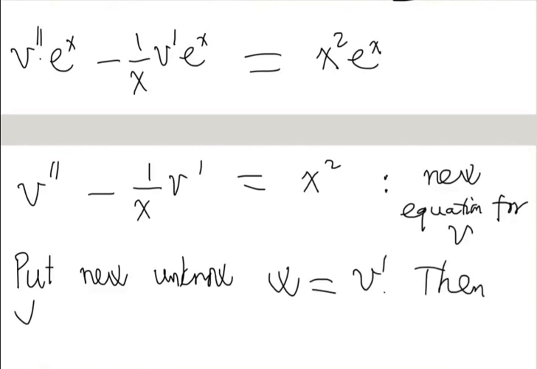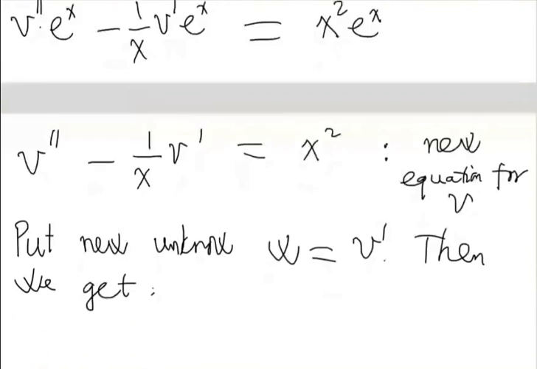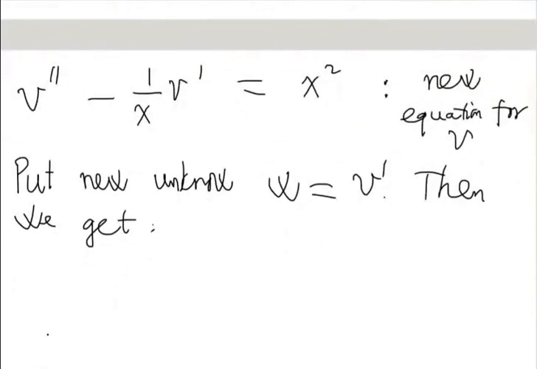Then we get v double prime is w prime, so w prime minus 1 over x w equal to x squared.